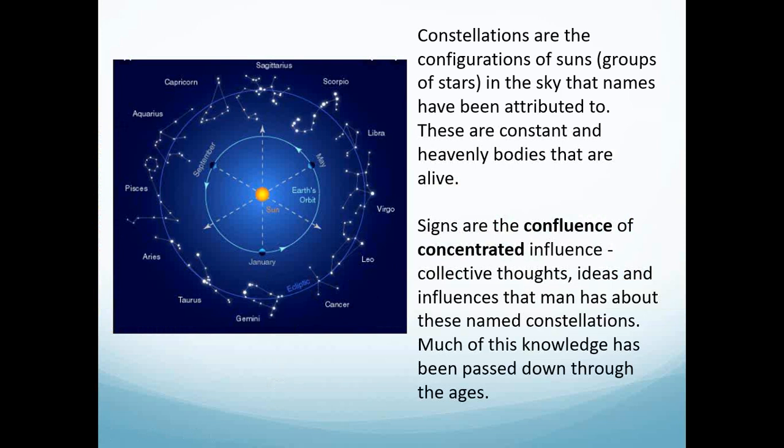We tend to use the words interchangeably, but the constellations are the actual configurations in the heavens, the actual stars themselves that are living entities. Signs, on the other hand, are the concentrated influence of these constellations. So if nothing else, at least understand that the two are not synonymous. Okay.